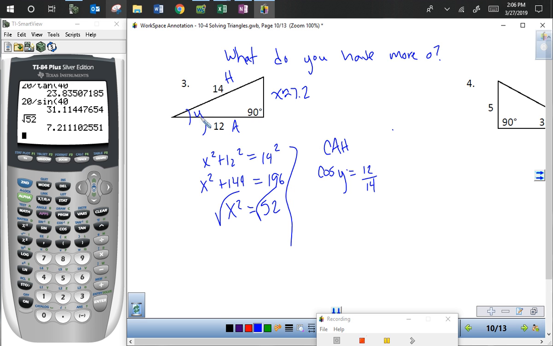And again, that y is on the inside of the triangle, so we're using the inverse to get rid of this. So inverse cosine of 12 over 14.